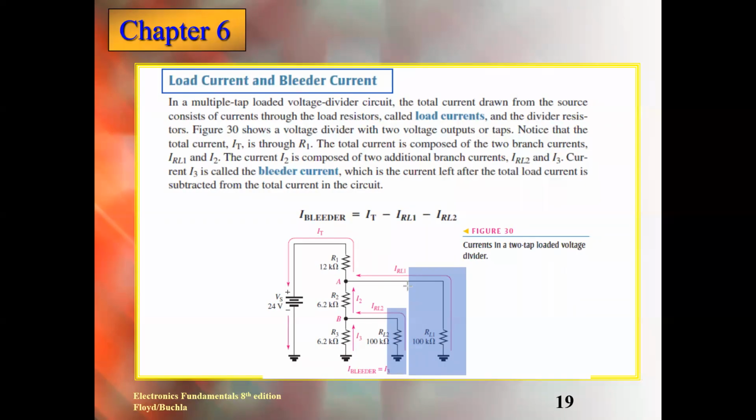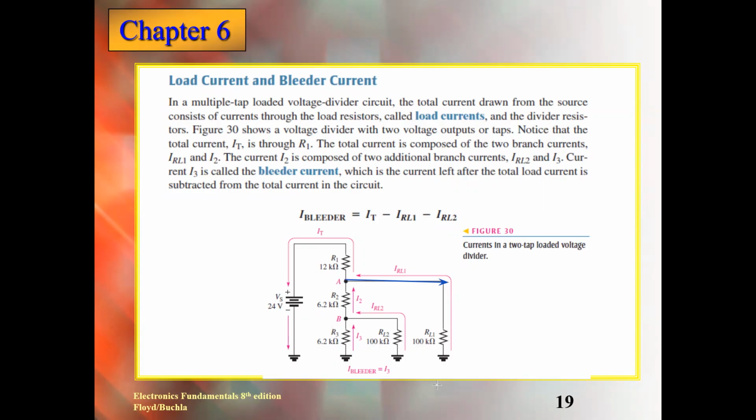Two loads are connected, and they are not connected to the same point. They are connected to different points. One is connected to point A, and we are measuring with respect to ground. Another is connected to point B, and again we measure with respect to ground. I always consider that the current is coming this way. So the total current is flowing here, and when the current reaches point A, will it split or not?